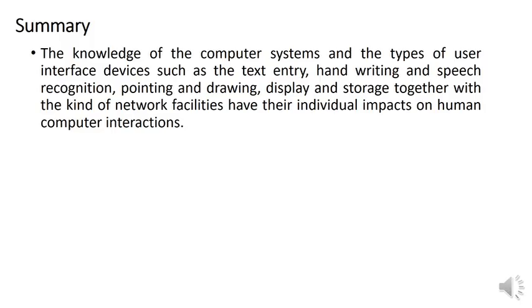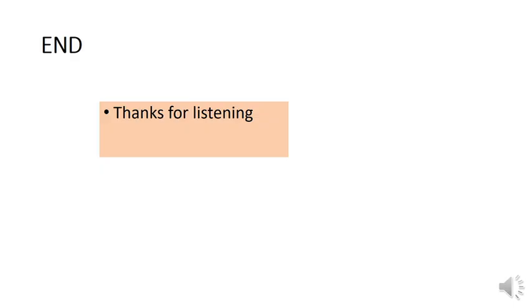The knowledge of the computer system and the type of user interface devices, such as text entry, handwriting and speech recognition, pointing and drawing, display, and storing, together with the kind of network facility, have their individual impacts on human-computer interaction. So, with this, we have come to the end of this class and hope to see you in the next class.